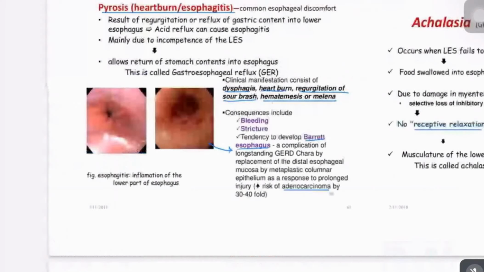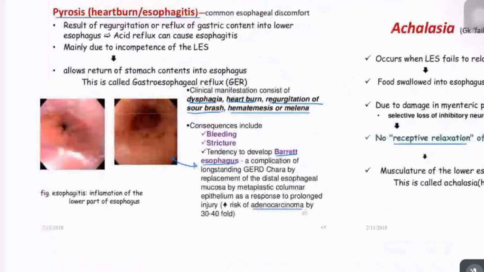So we have here your pyrosis or your heartburn, esophagitis, a common esophageal discomfort. This is the result of your regurgitation or reflux of your gastric content into the lower esophagus, and thereby your acid reflux can cause your esophagitis, mainly due to your incompetence of the LES.